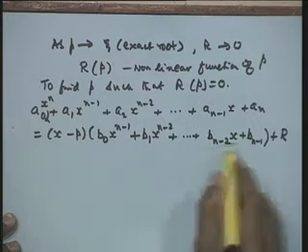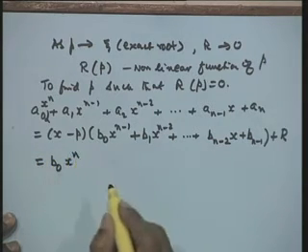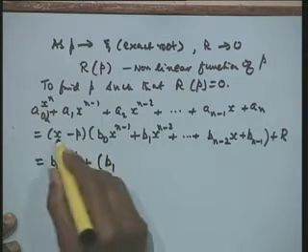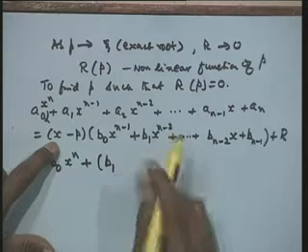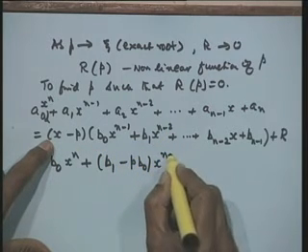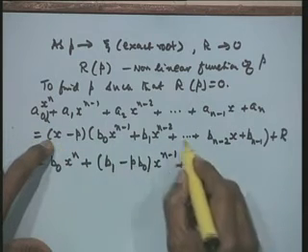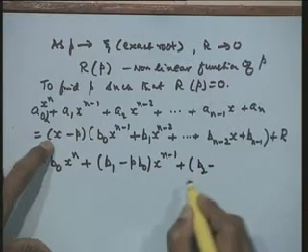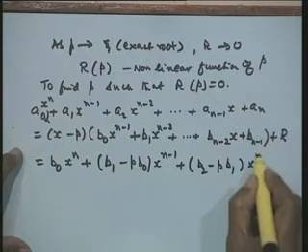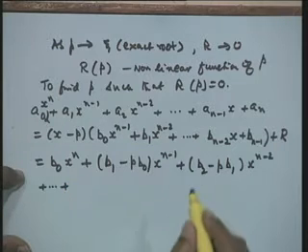To do that, let us multiply the right hand side. The multiplication gives us b_0 x^n, then collect the coefficient of x^(n-1), which is b_1 minus p b_0. Then the next coefficient, x times b_2 minus p b_1, gives b_2 - p b_1 as the coefficient of x^(n-2).